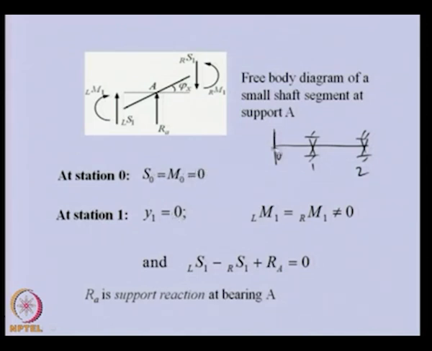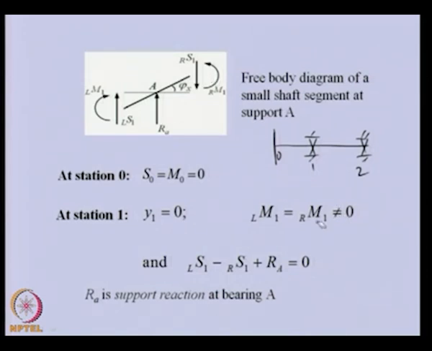So, shear force and bending moment will be 0. At station 1, which is at the support, the displacement y1 will be 0. In this particular case, the bending moments in the right of support 1 and left of support 1 will be equal, and you can see that they will not be 0.